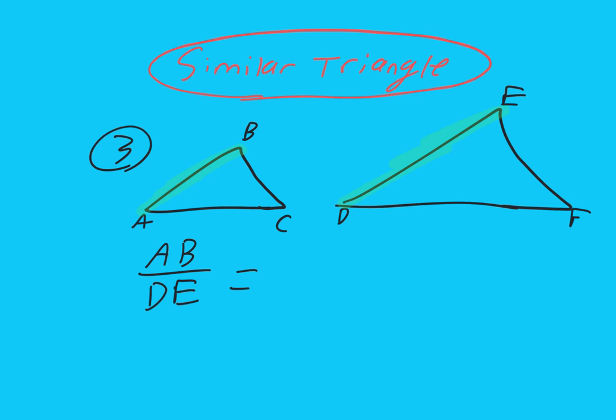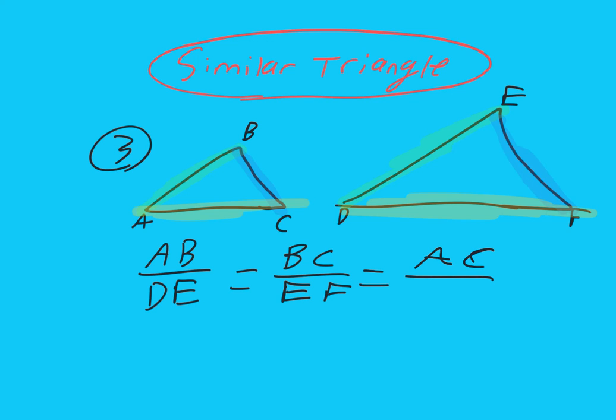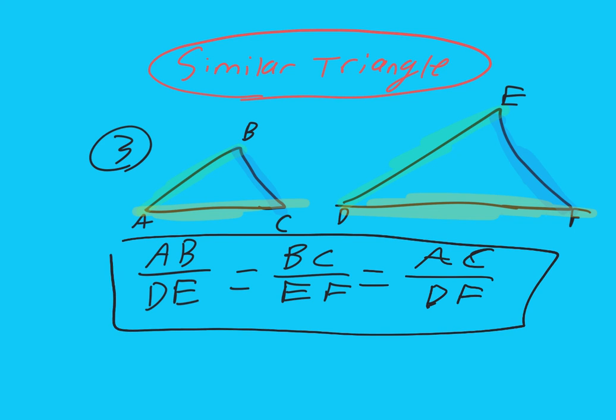If we can show that that is equal to another pair over each other, so let's say BC over EF, and for the last side as well, so here it'll be AC divided by DF. If we can show that, then we will have shown that the triangles are similar.